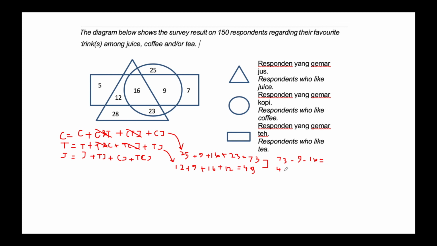49 minus 9 minus 16. How many are left? So this one is 48.